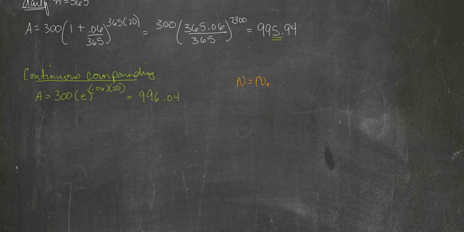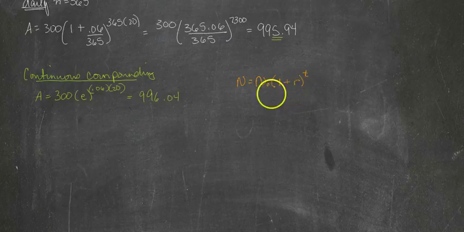So in our principle, when we were talking about money, A was the amount that we had at any given time, N naught was the initial principal, but if you're talking about bacterial, you don't use principal, you use some number of bacteria. So N equals the initial N times 1 plus the growth rate, R, over T. So this has no compounding. This is a general form of a formula. And if R is positive, then this is growth.